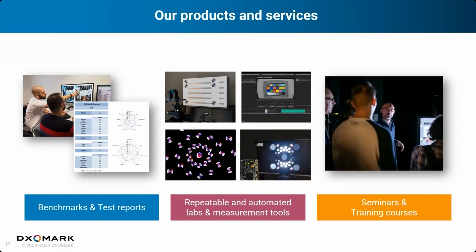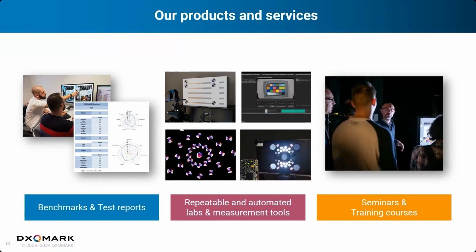Here are the products and services that our company offers. First, we have the benchmark and testing, which is leveraging all the testing expertise to help our customers understand the quality of their device and how to improve them, also in comparison with other devices that have been tested and that we can test for them.